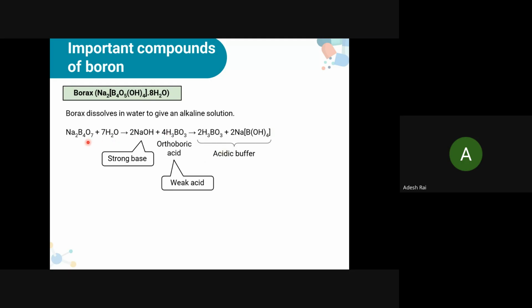And what is that process? This is the process which it is showing over here. In ionic equilibrium, you would have studied clearly that aqueous solution of borax is an example of a buffer solution. Why? And which buffer does it form? Acidic buffer. Because when aqueous solution of borax is there, the overall final formation is an acidic buffer, and these are the species present after the complete reaction.